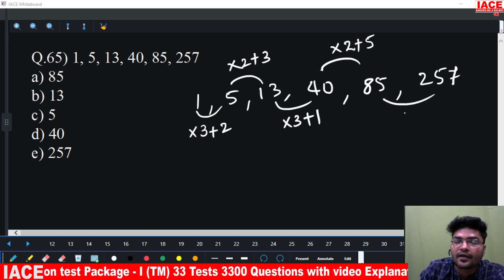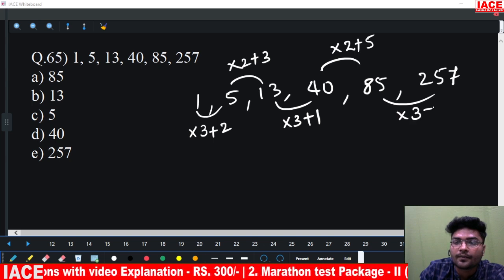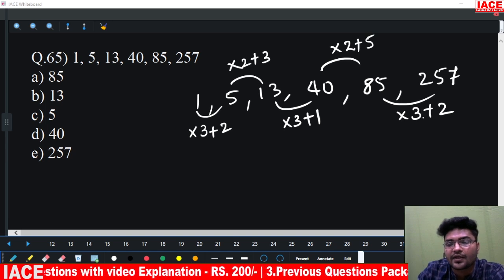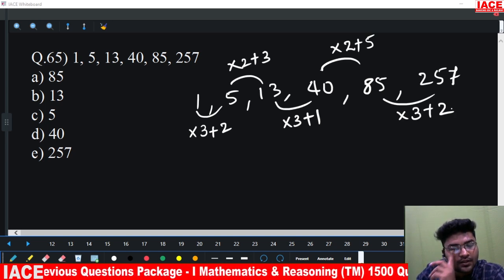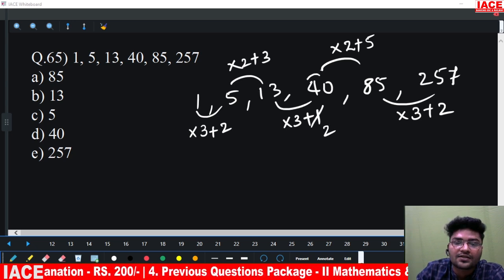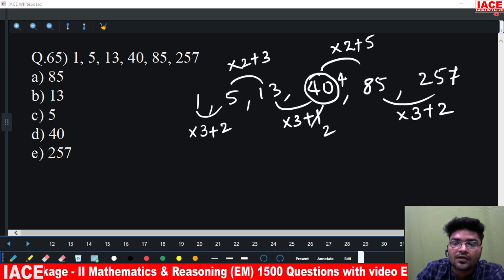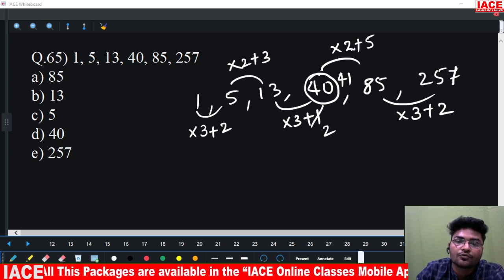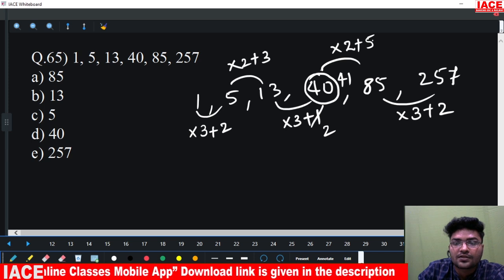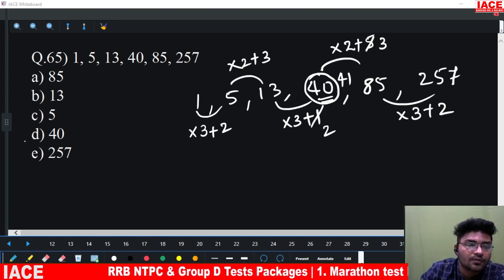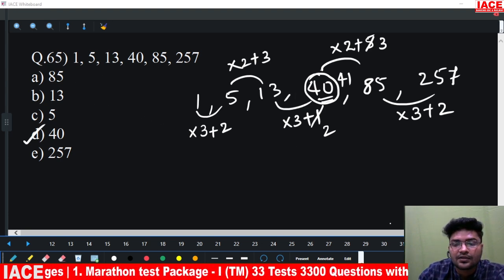Again, this is 85 into 3 plus 2. So if I observe, into 3 plus 2, into 2 plus 3, again I am getting into 3 plus 2. That means this has to be actually 2, and that will make this number 41. 41 into 2 is 82, 82 plus 3. So all the logic is correct, but our wrong number would be 40. Option D is the correct answer.